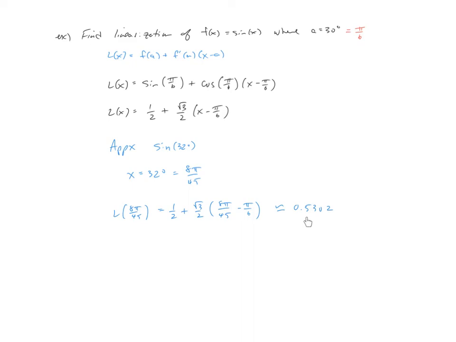It won't be exact, but it'll be really, really close. And so we went ahead and approximated sine of 32 degrees by using the line created by looking at our function sine of x at a very, very close, similar angular measure. So kind of an interesting application, I think.